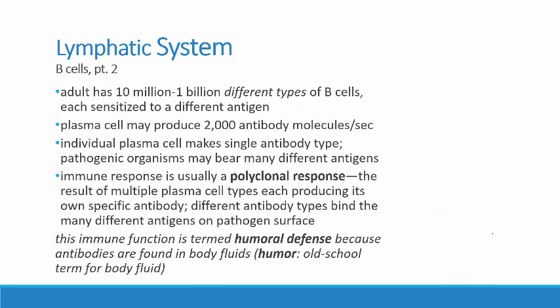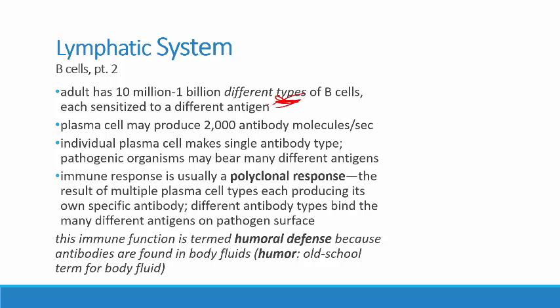So an adult has somewhere between 10 million, and this is just amazing to me, and 1 billion different types of B cells. I'm not talking about different B cells, I'm talking about different types of B cells that have been sensitized to a particular antigen.